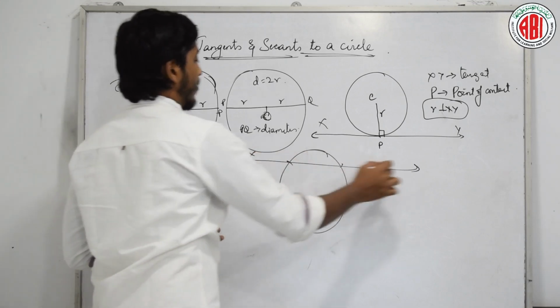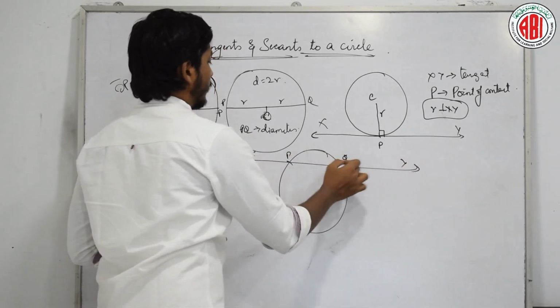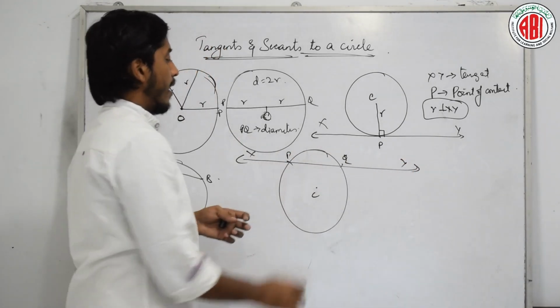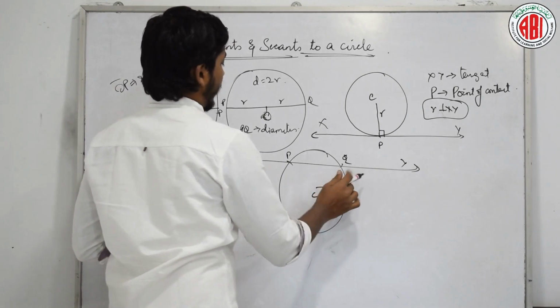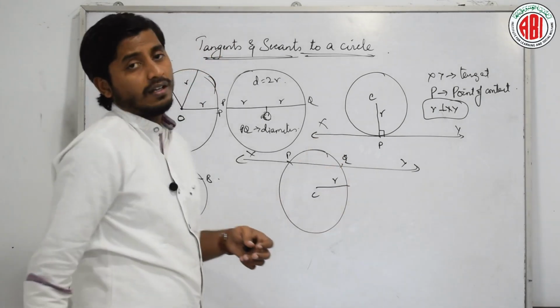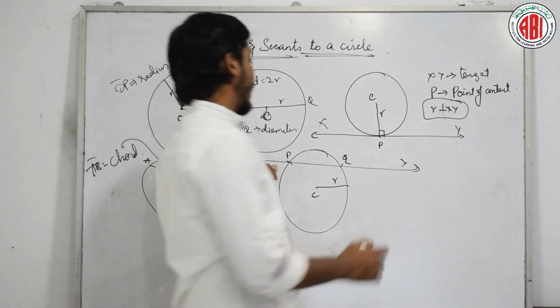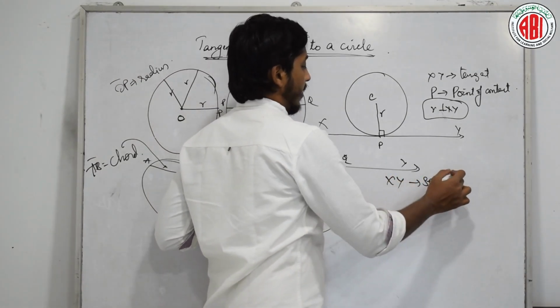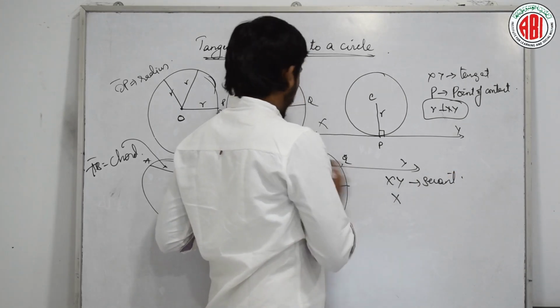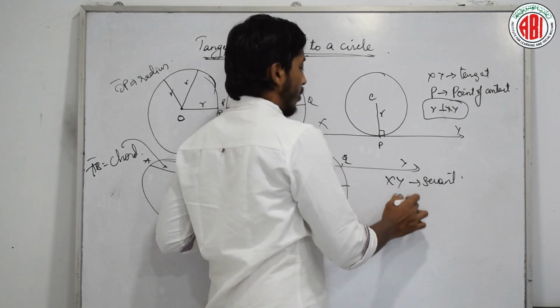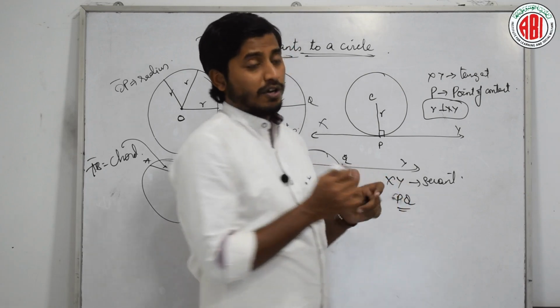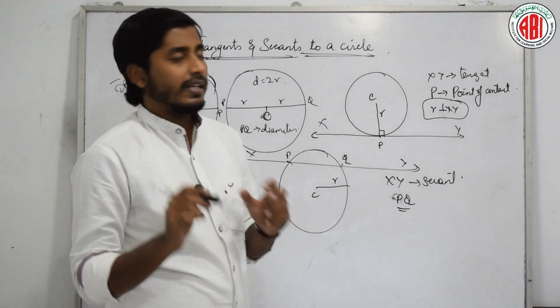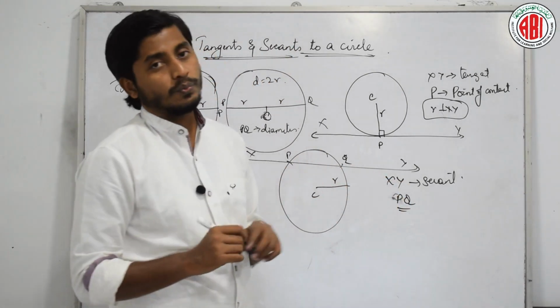If this is xy and this is PQ of radius r, irrespective of the radius, that is nothing but a secant. Here xy is a secant. It is touching the circle at 2 points. We cannot say points of contact, but we say it is passing through P and Q.